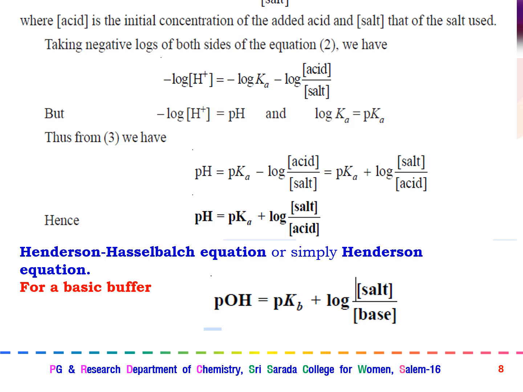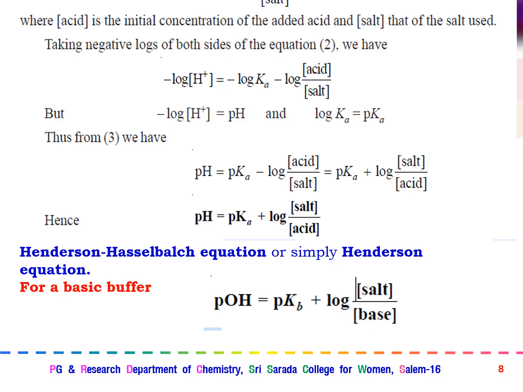And then we can rewrite the equation: pH is equal to pKa plus log of salt divided by acid. Therefore pH is equal to pKa plus log of the concentration of salt divided by the concentration of the acid. The above equation is known as the Henderson equation.